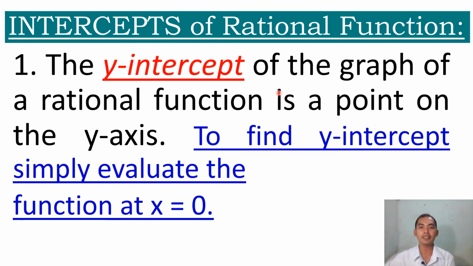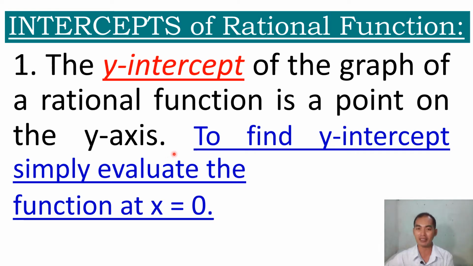The intercepts of the rational function, we have the y-intercept and the x-intercept. When we say y-intercept of the function, it is a point on the y-axis. Ito yung point na nasa y-axis. So, pag walang point na dumaan sa y-axis, meaning there is no y-intercept.